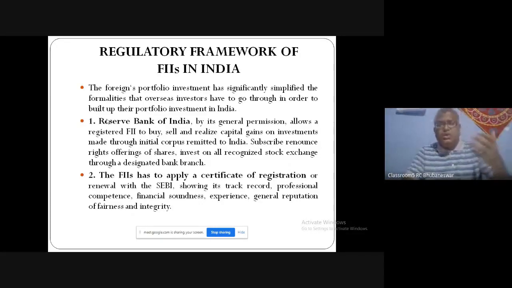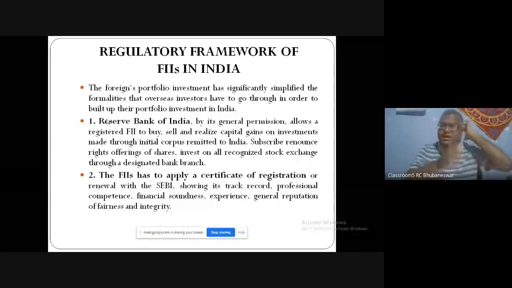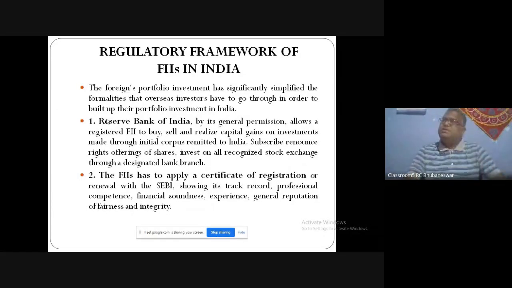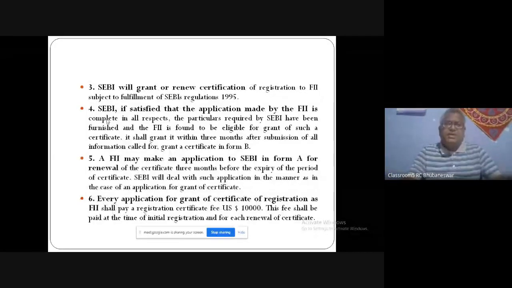How is it possible for FIIs to invest in India? Through a professional agency with competency, financial soundness, experience, and reputation. SEBI also renews the certificate, and the application format is called certificate form B.